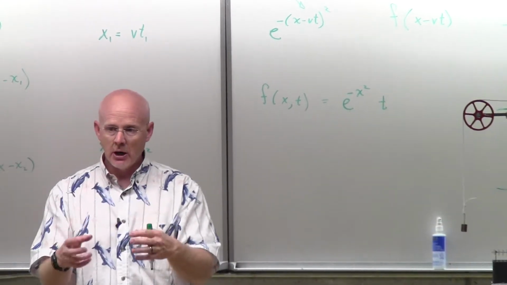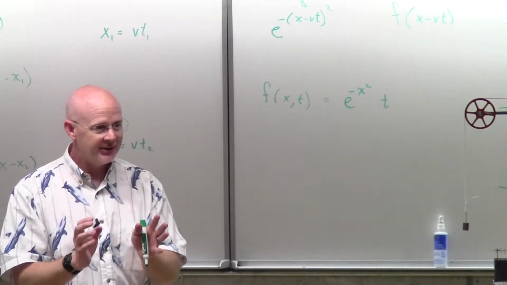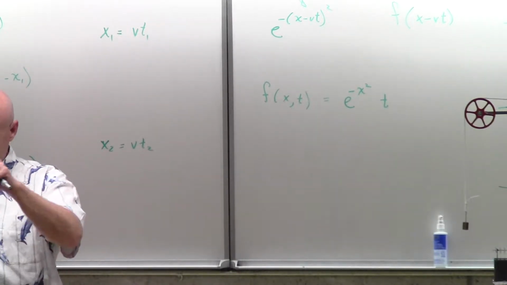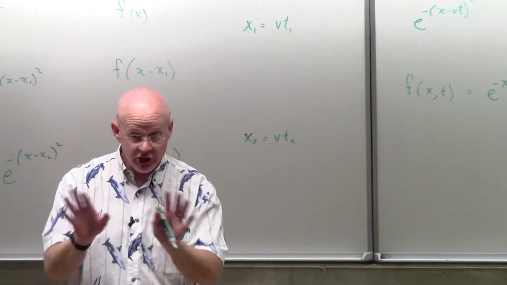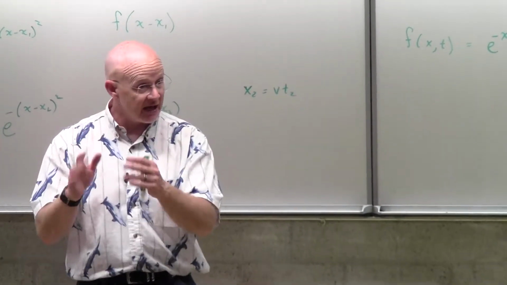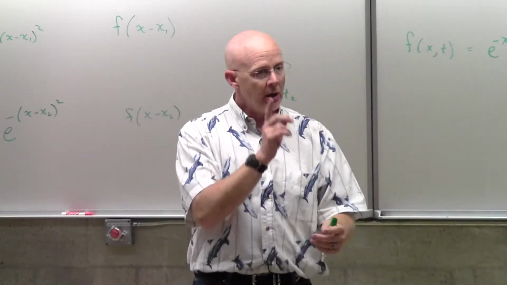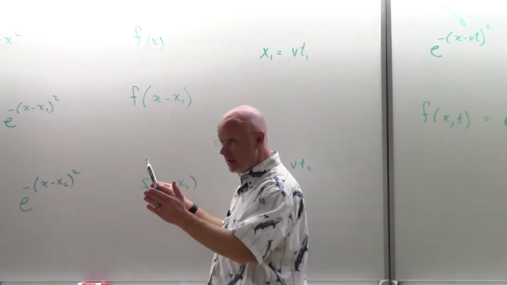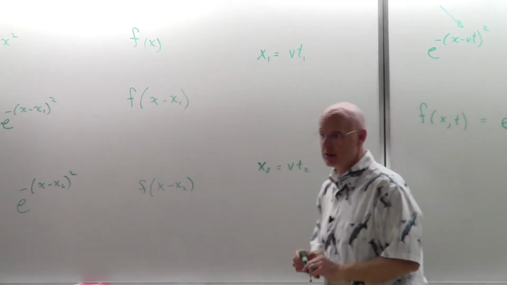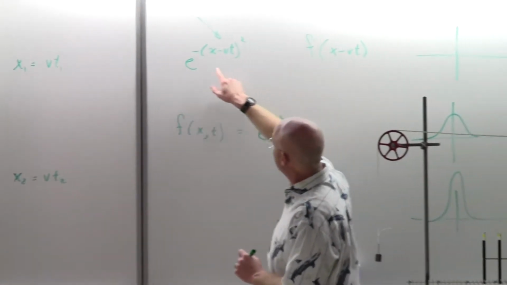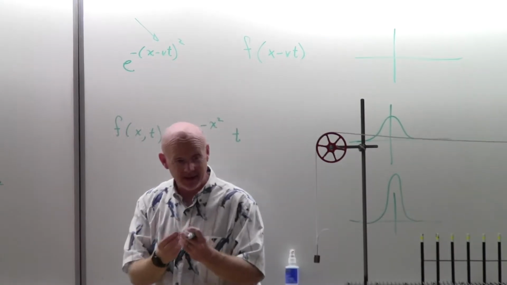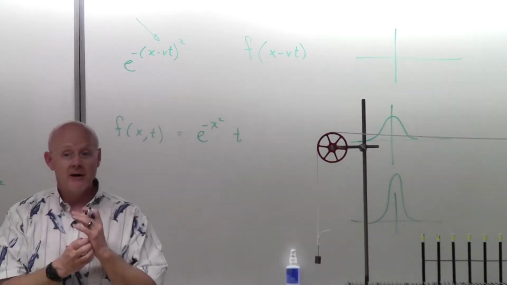That's what I'm after. Not every function can be called a wave. In order to be a wave, it has to have a certain shape. It can have any shape it wants, but it keeps that shape and then moves. The requirement for that to happen is a shifting along the x-axis. And for a shifting along the x-axis, the x and t have to be connected together in that fashion.